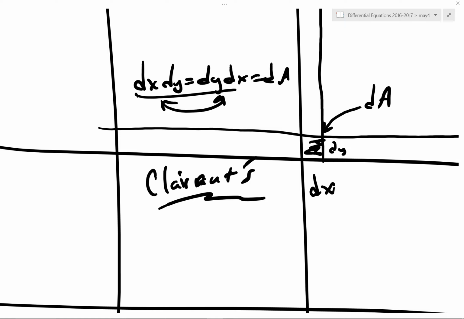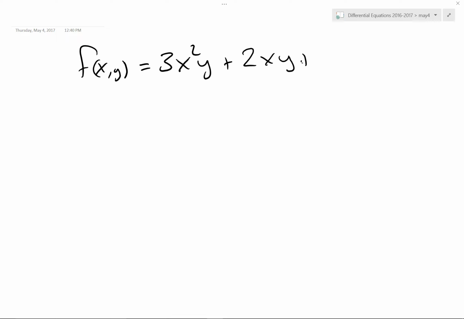So, today we start off with a nice rectangular region. We have some function like this, and we'll do a nice easy one first. We're going to integrate it over the region.